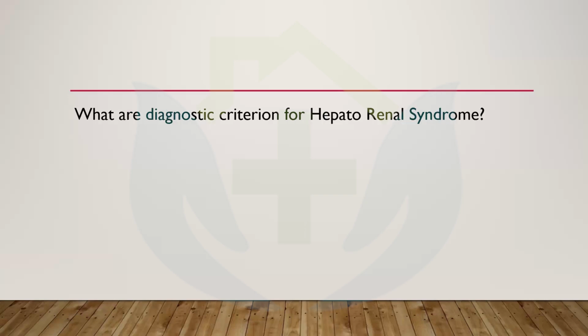What are the diagnostic criteria for HRS? Sir, the patient should not have previously raised creatinine levels. The patient should not be on any medicines which can be nephrotoxic. The patient should not have any confounding factor which would lead to a rise of creatinine. And if the patient has liver failure along with raised creatinine, it goes in favor of HRS.